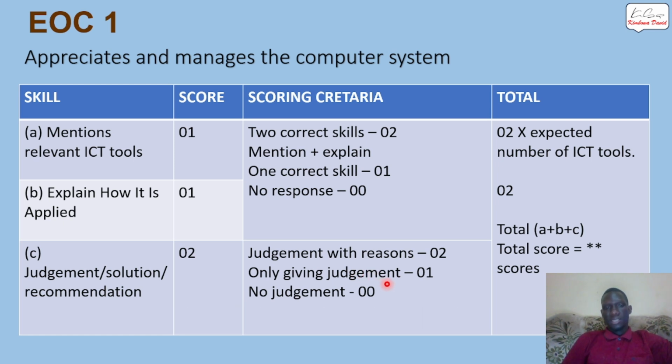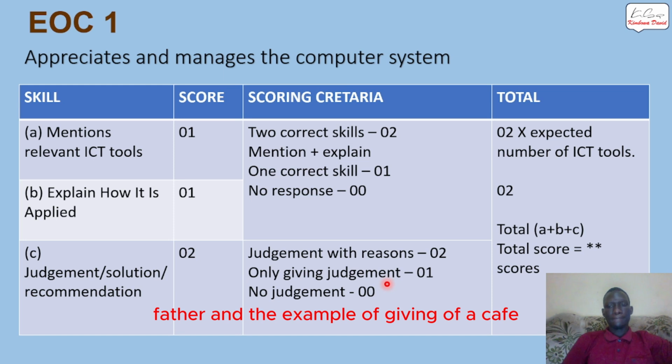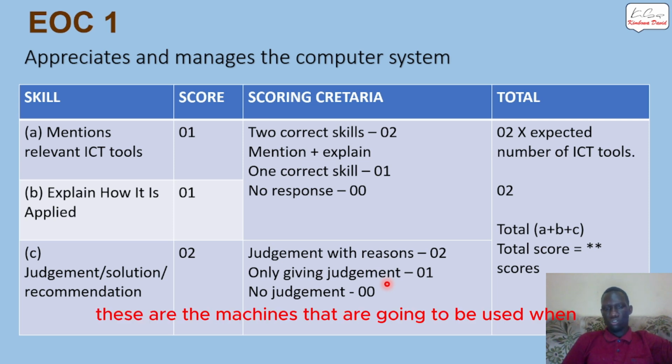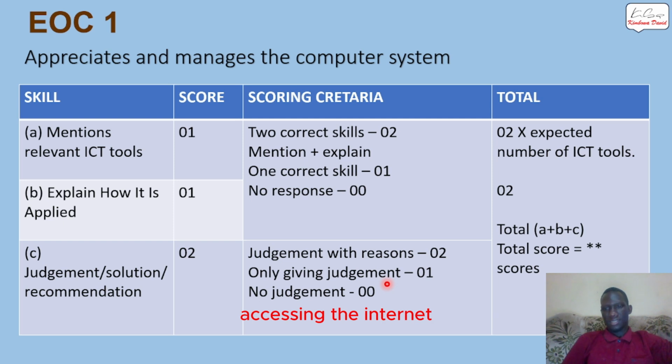In other words, you need to say this tool will help us do ABCD because of ABCD. Also give reasons. For example, if the example I've given of a cafe, you tell us that you will need computers because these are the machines that are going to be used when accessing the internet.